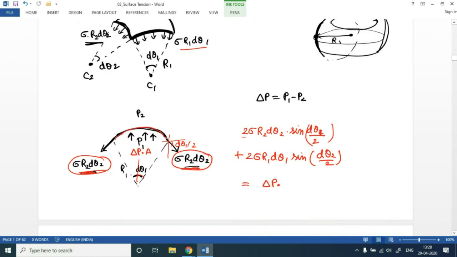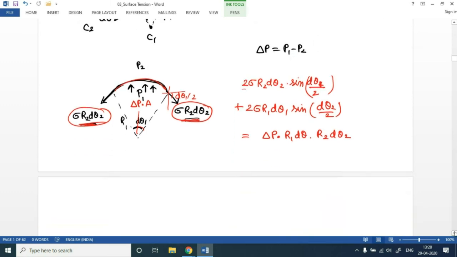What would be the area of this? It would be like a rectangle, where one side is r1 d theta 1 and the other side is r2 d theta 2. And d theta 1 and d theta 2 are small. So in this relationship, let's take 2 sigma common. Sine of d theta 1 by 2 is approximately equal to d theta 1 by 2 only.